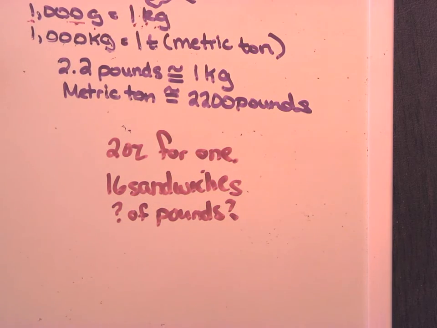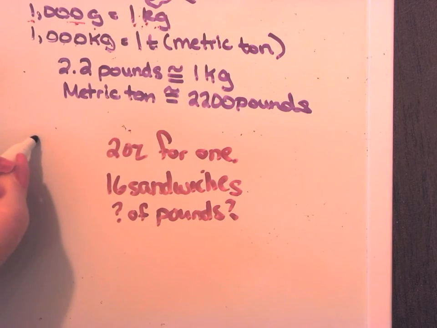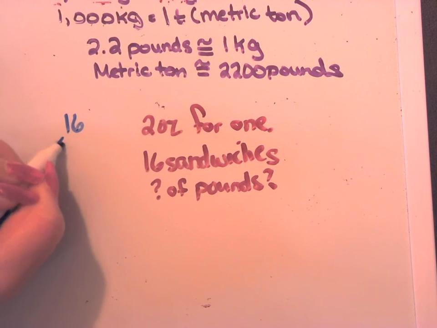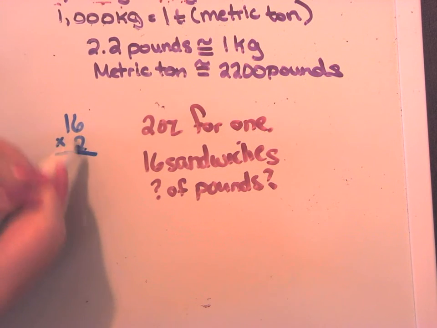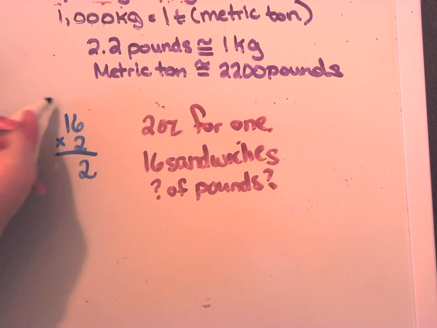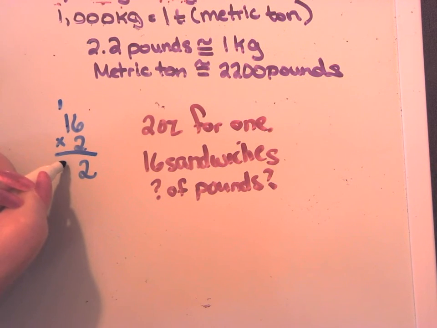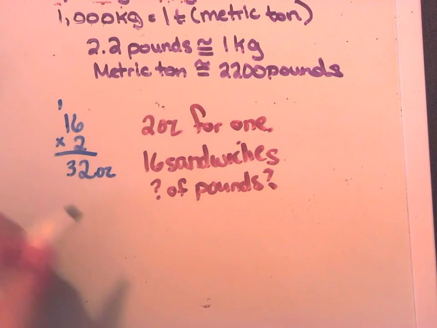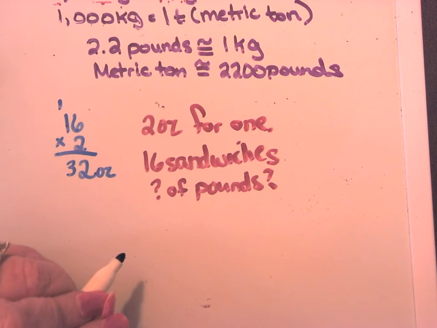2 ounces and 16 sandwiches. So I have 16 sandwiches times that 2 ounces, right? Because when I do that, I'm trying to figure out how many ounces of cheese I've used. So 6 times 2 is 12, carry the 1, 2 and 1 is 2, plus 1 more is 3, 32 ounces of cheese. But I need to find out how many pounds that is.